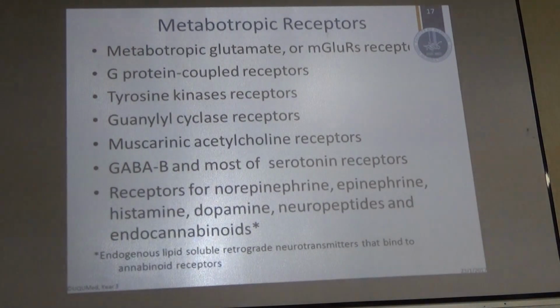And similarly, tyrosine kinase, a big topic in pharmacology, many drugs. We don't go into detail. Guanylyl cyclase, and the muscarinic acetylcholine. This is not the nicotinic acetylcholine. Please remember, this is not that. What is this? This is a metabotropic receptor. It goes and combines, metabotropic.